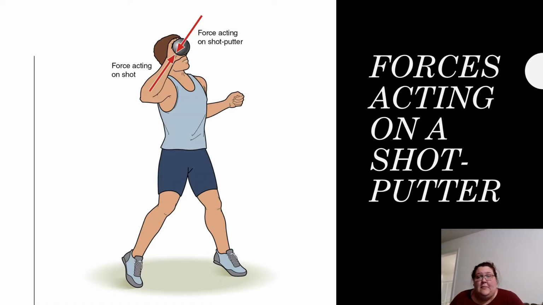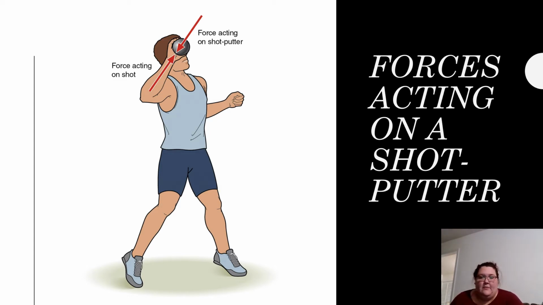All right, so for example, we could look at this shot putter, and we could figure out a couple different places where force is occurring. The red arrows here show the force of the shot put acting on the shot putter, and then the force that the shot putter is putting into the shot put. These are going to be equal and opposite.